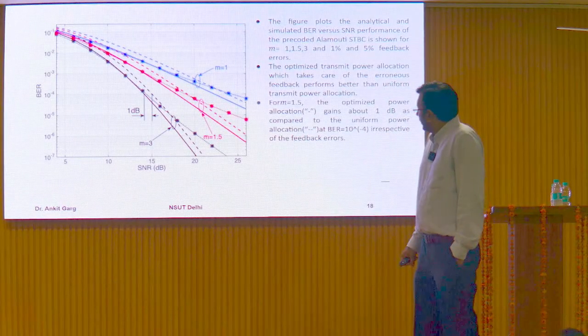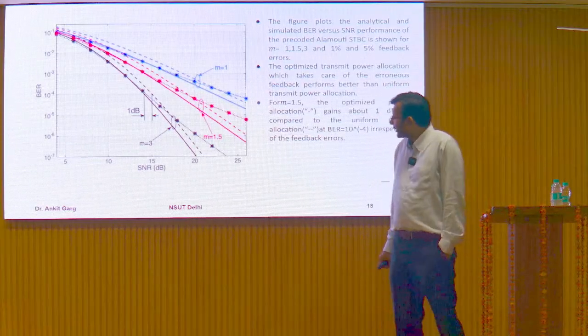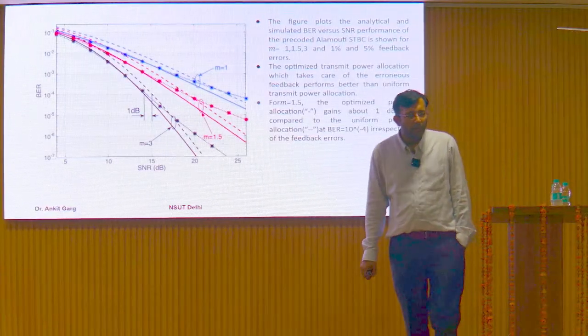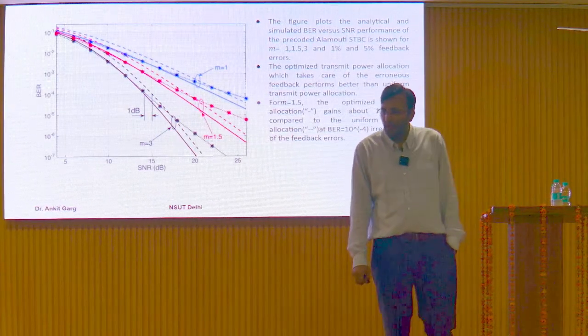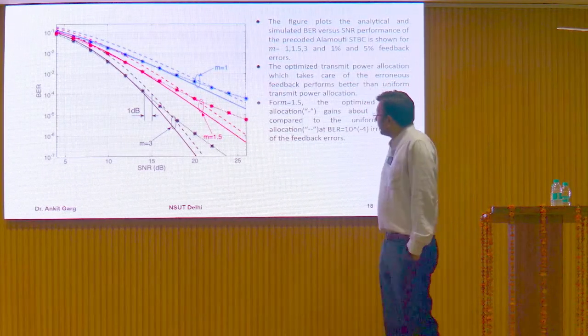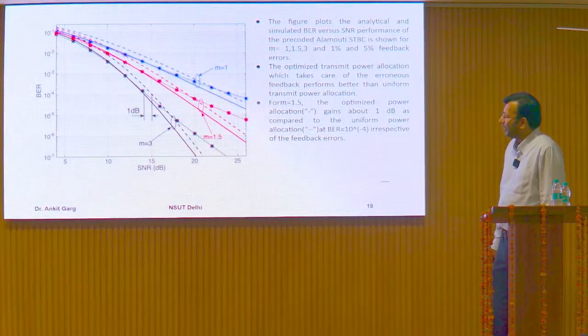Here M represents the fading scenarios, right? The larger the value of M, the lower the fading we have. That is with the help of the Nakagami-m distribution, right? So here you can observe we have specifically three patterns of curve.